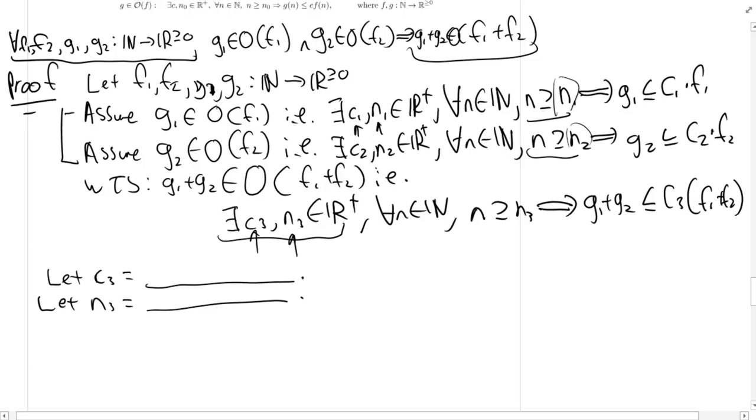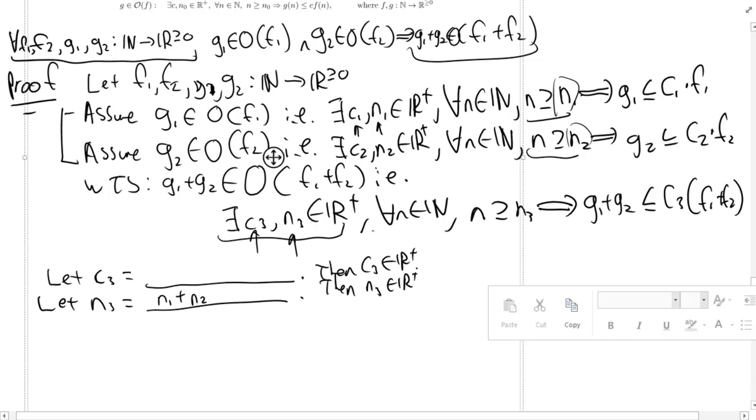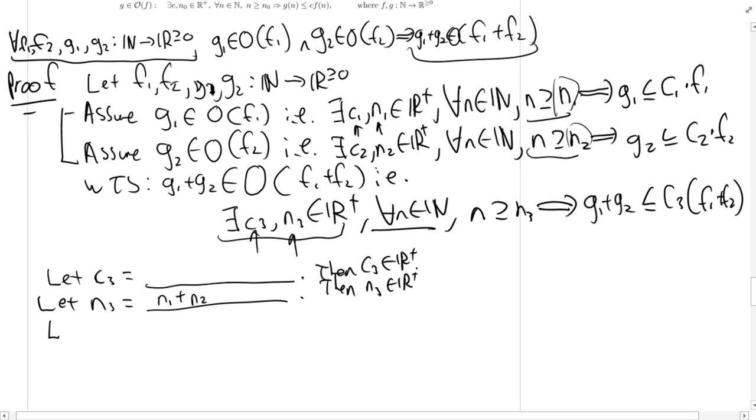So you can kind of choose what you do. I sometimes write the max, sometimes I just add them together. Okay, and then C3 this, then N3. Okay, perfect. Alright, so next step is this. Oh wait, okay.